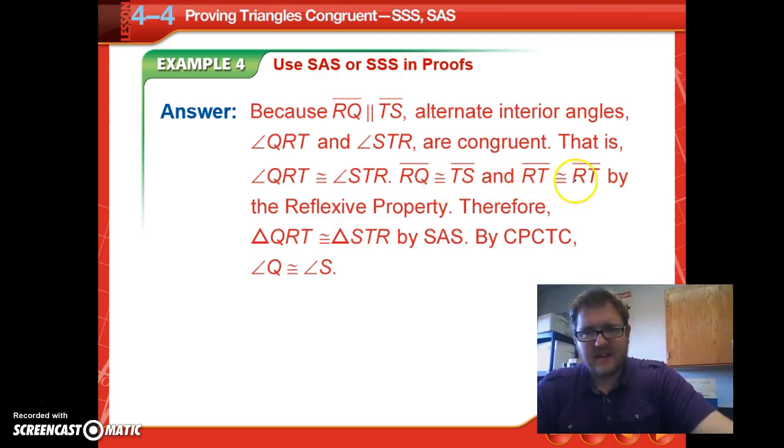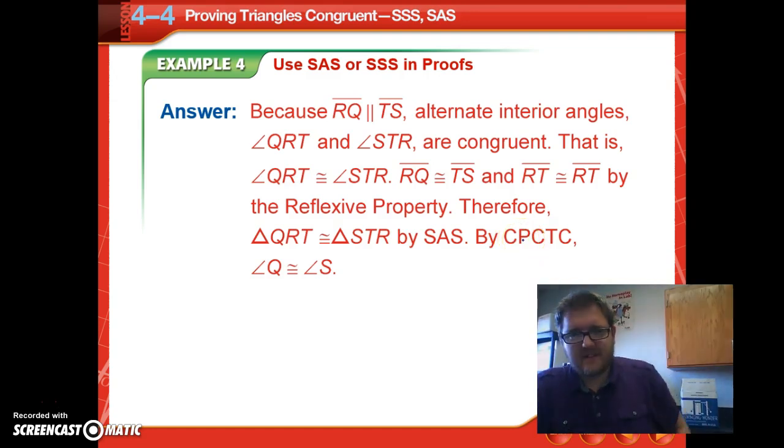Therefore, triangles QRT and STR are congruent because of side angle side. And because corresponding parts of congruent triangles are congruent, we can say that finally angle Q is congruent to angle S. So try this one out.